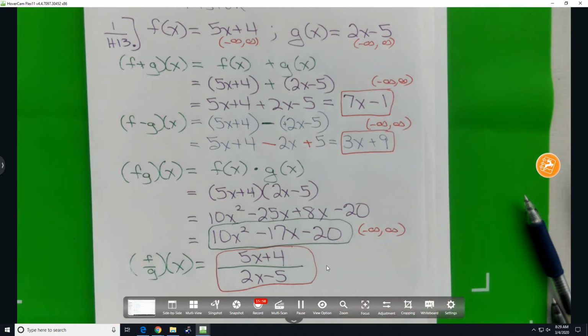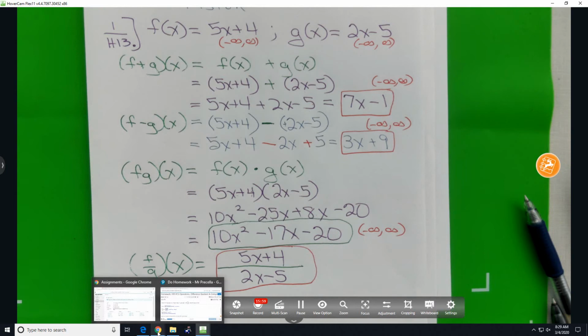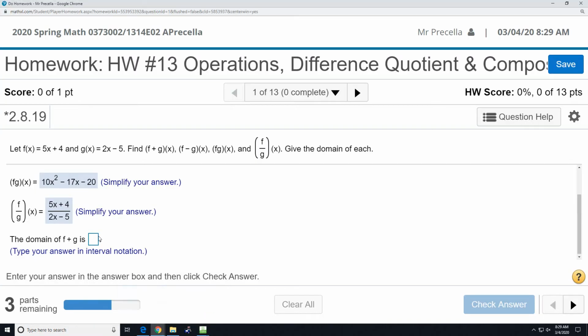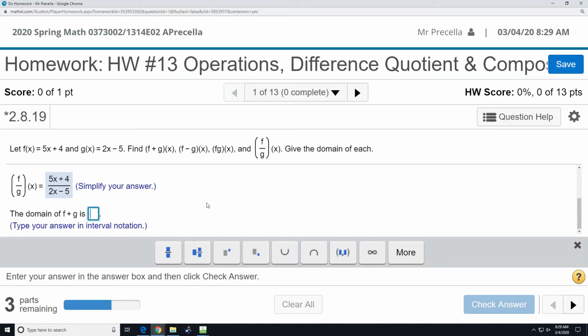Because for f divided by g, there's no square root, but there's a fraction. So that's going to take a little bit more work. Let me start putting these in. Parentheses, negative infinity, comma, infinity, close parentheses.